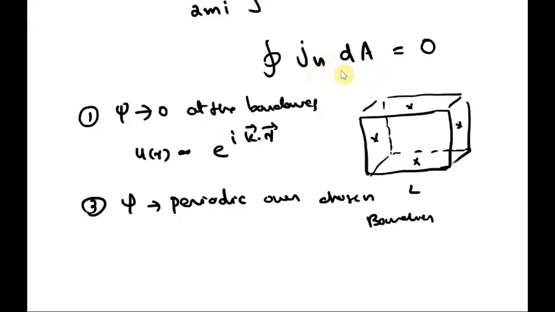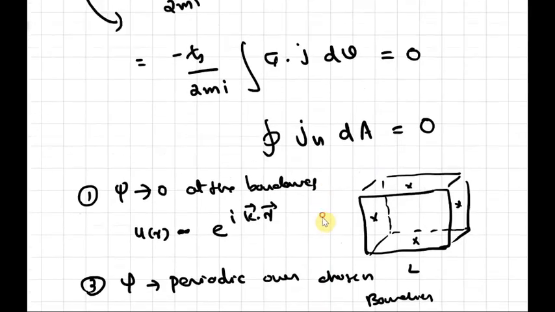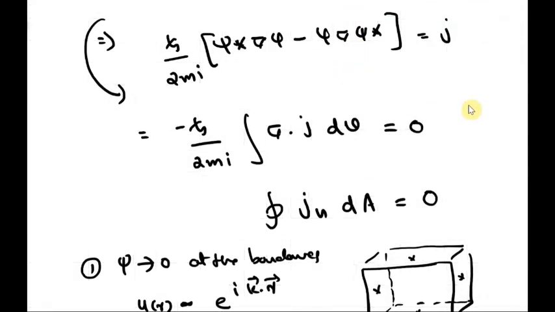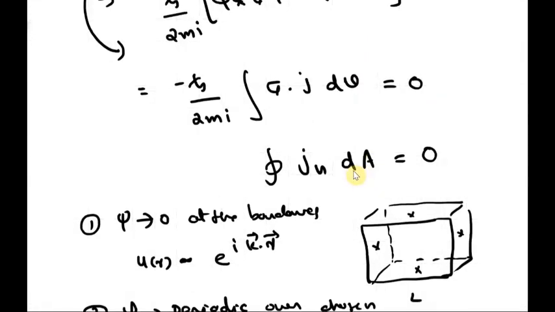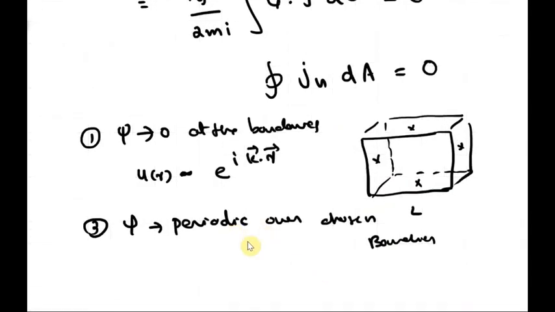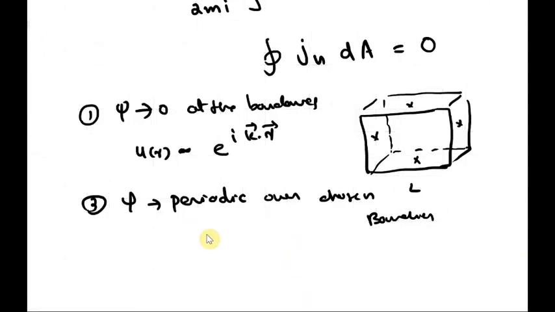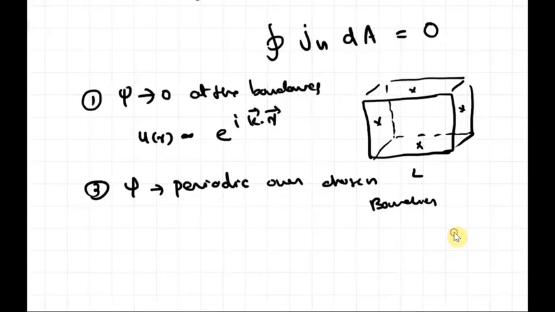You can show this by taking the plane wave as the wave function, using the j expression to find j, and integrating it to see whether it is 0 or not. So this is the other possibility: the wave function has to be periodic.